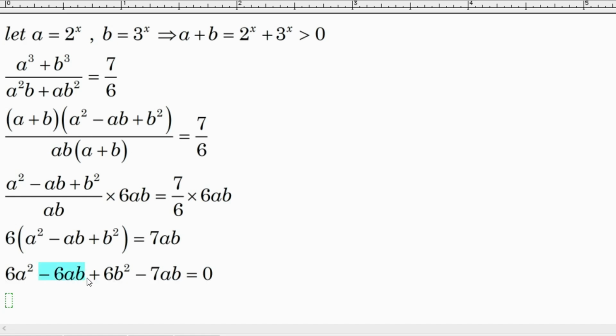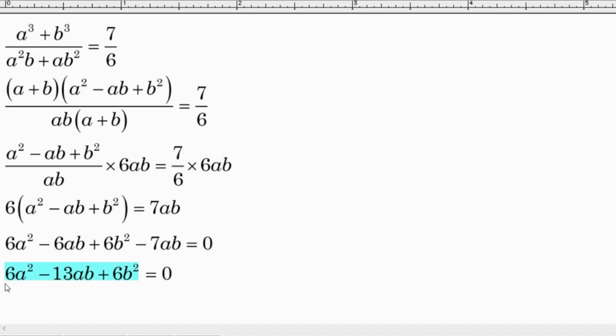So then minus 6ab and minus 7ab gives us 6a squared minus 13ab plus 6b squared, which is equal to 0.